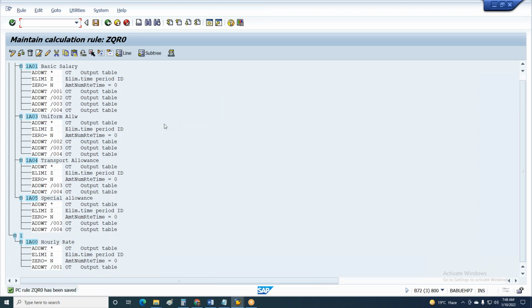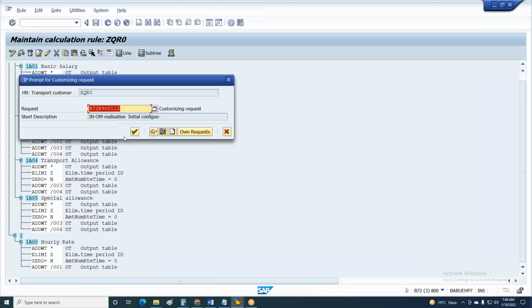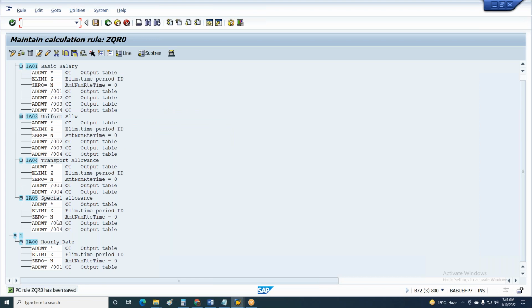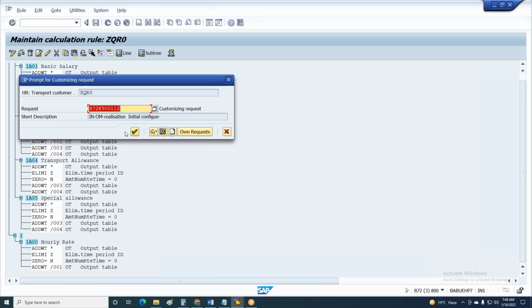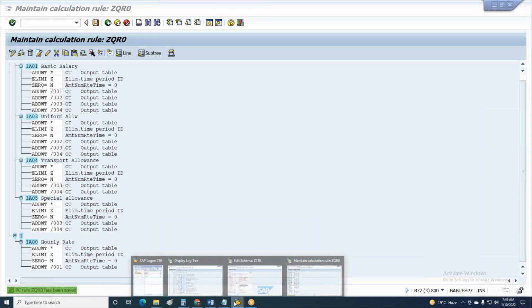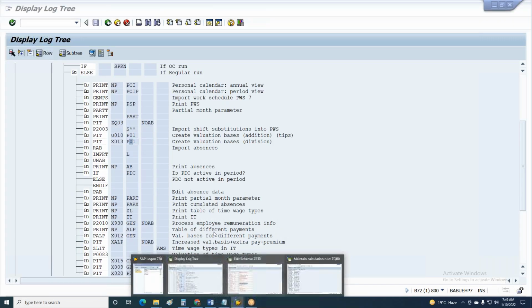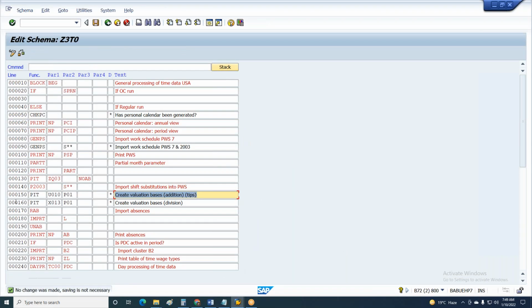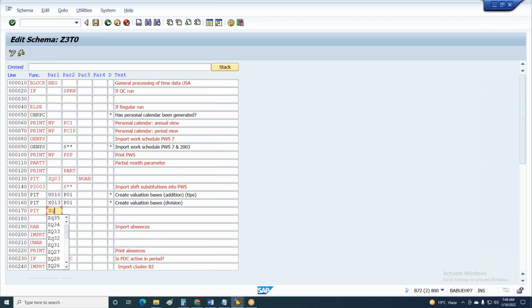For generation of valuation basis from the amounts in primary wage types, PIT, ZQ, R0. What should I use here?